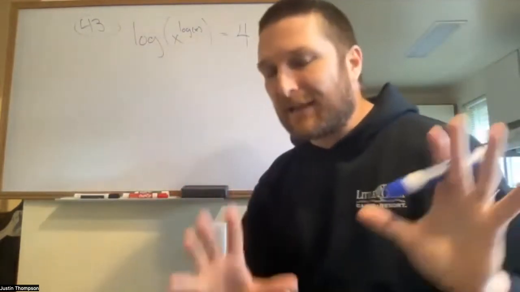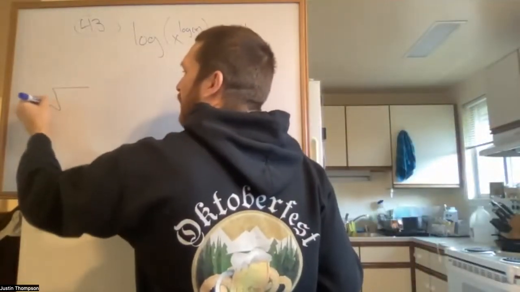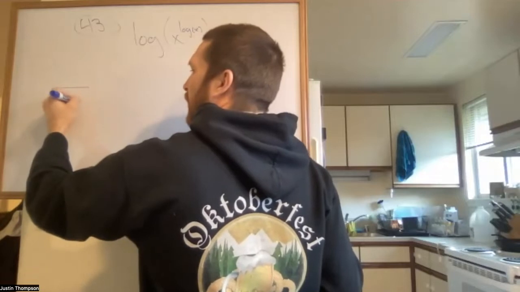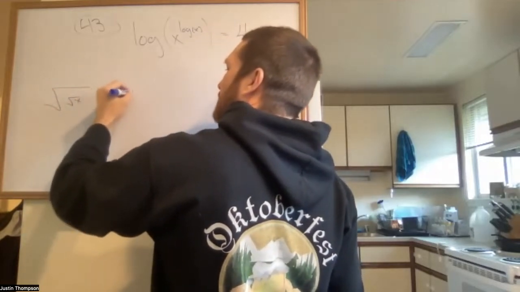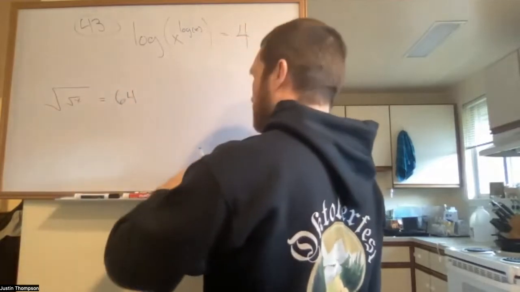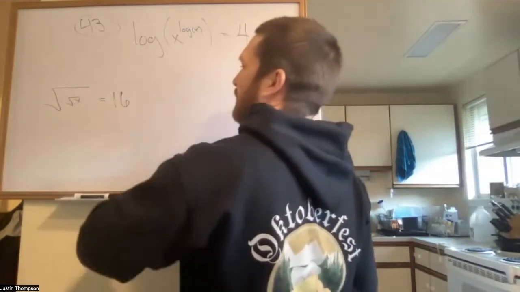Because the way I think about this is, well, if I had the square root of x equals 64, or what's one that works? 16, or oh no, it's the other way around.